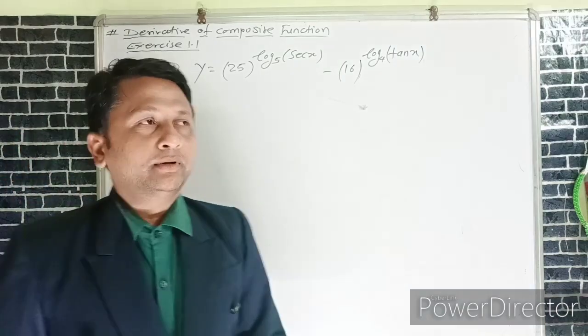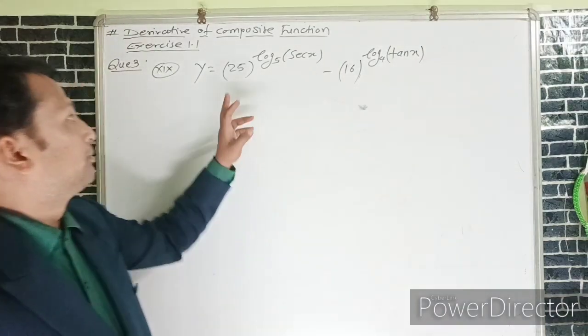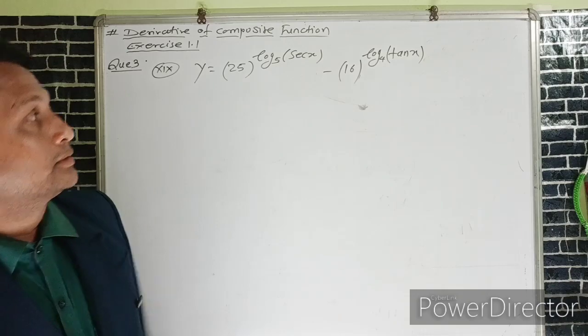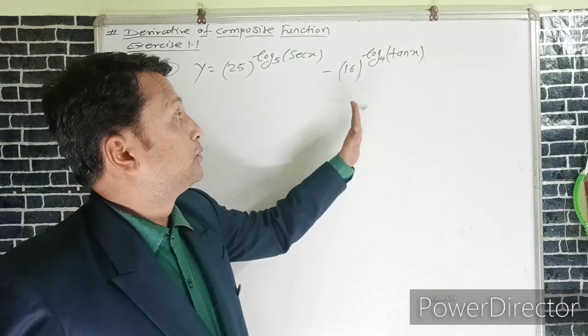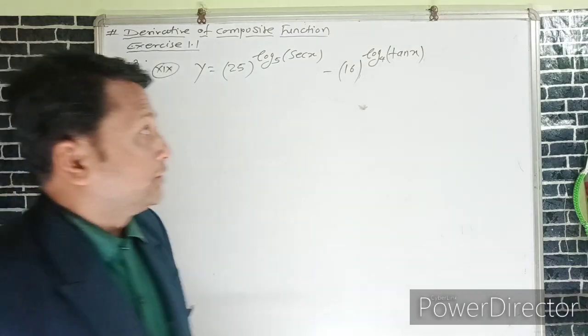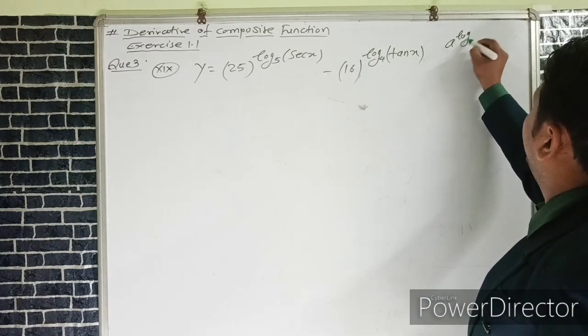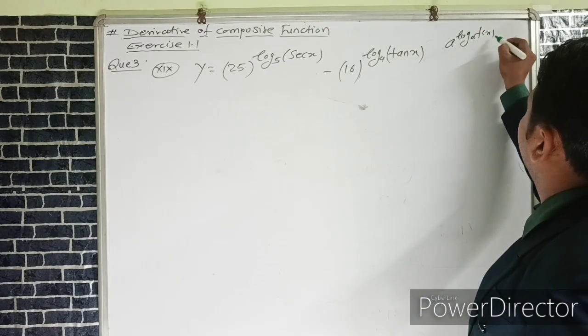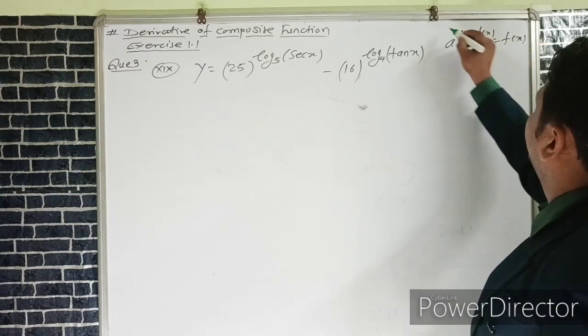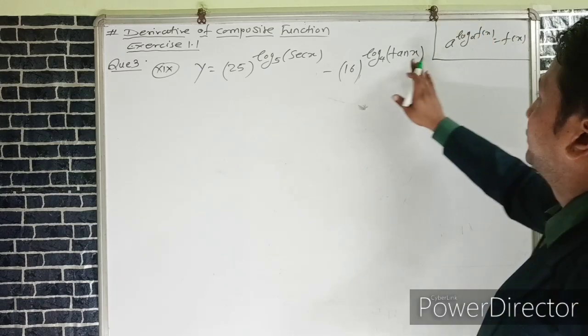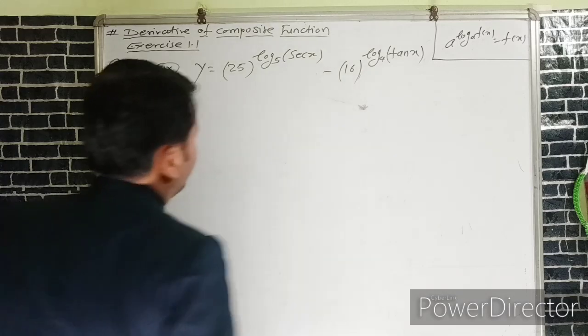The next example, example number 19, is in the form of 25 to the power log base 5 sec x minus 16 to the power log base 4 tan x. If we know a to the power log base a f of x is equal to f of x, then we can convert both functions into this form.